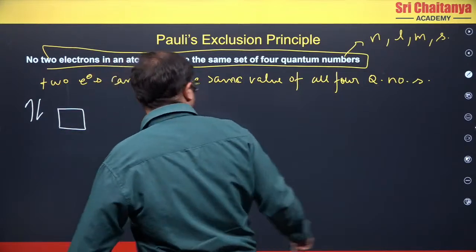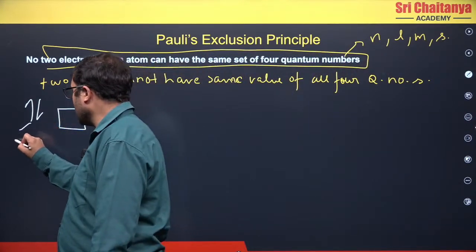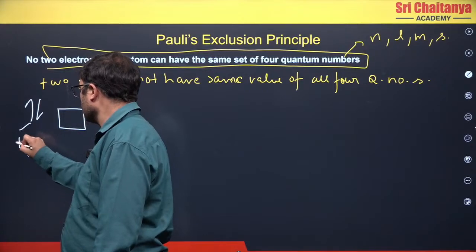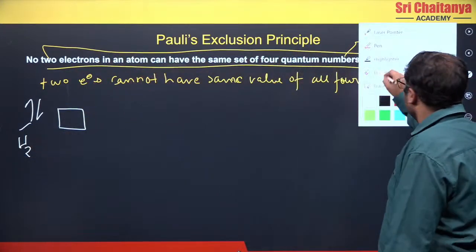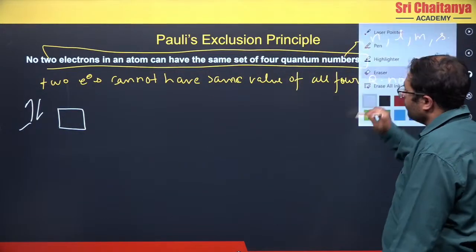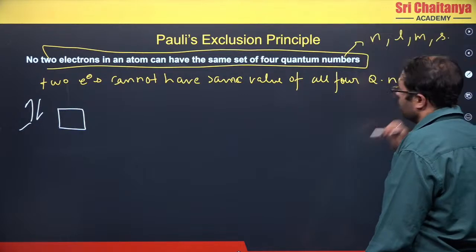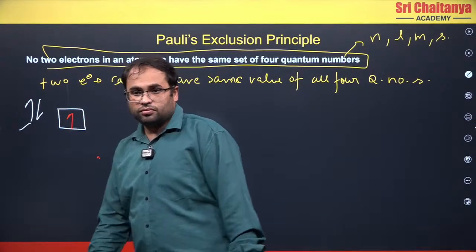So this is your plus half, and that is minus half. If I have a situation like this.